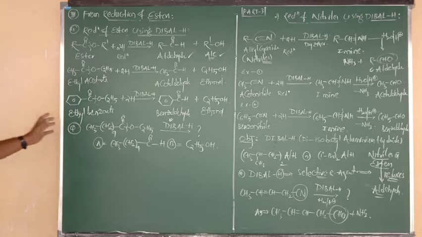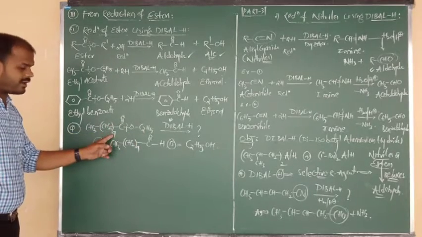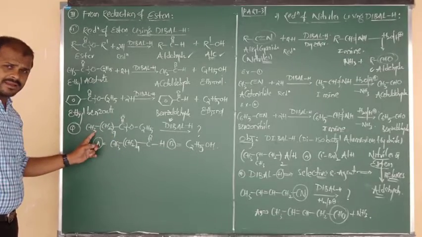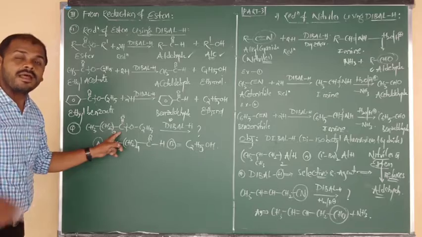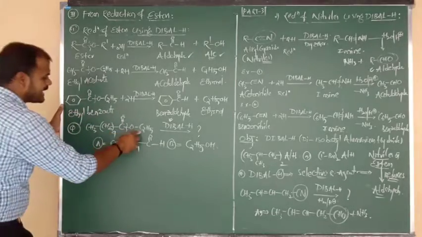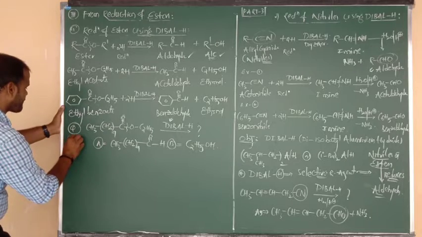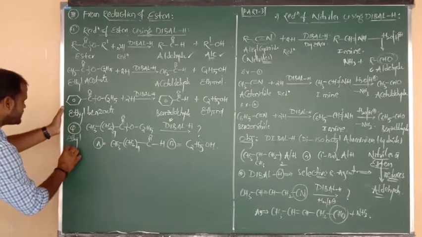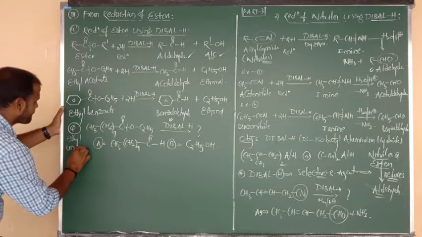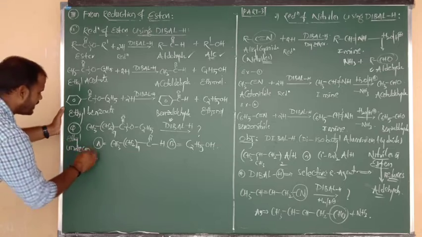Now, what is the name of this ester? Ethyl. 9 carbons are there, 9 plus 1 is 10, 10 means dec, but here another carbon is there, total 11. 11 means undec. So the side chain name is ethyl. Total 11 carbons are there, simply we can say undec, and all single bonds are there, undecane.